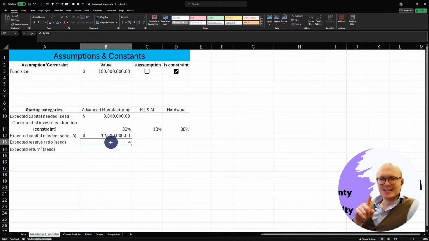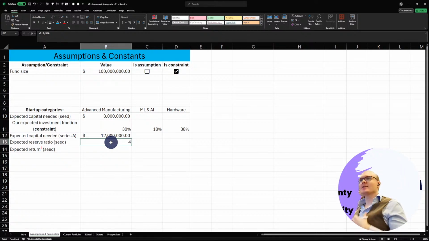But so what we really need to do then is also to predict exactly the ratio that we would want to reinvest in the second round. And we'll just reference this ratio because of that.